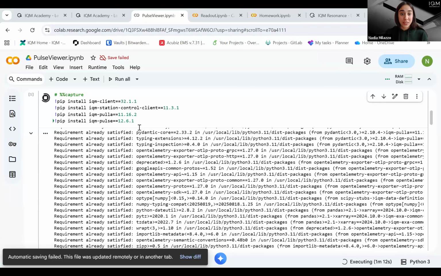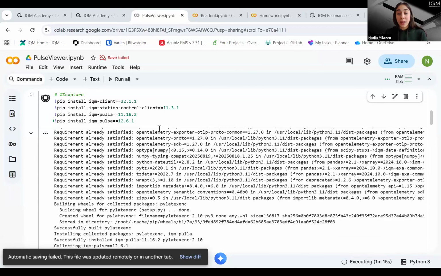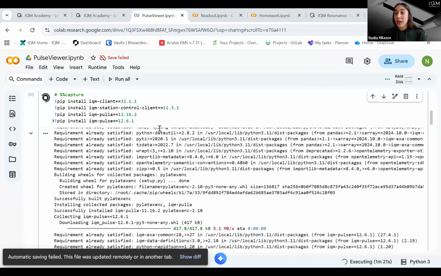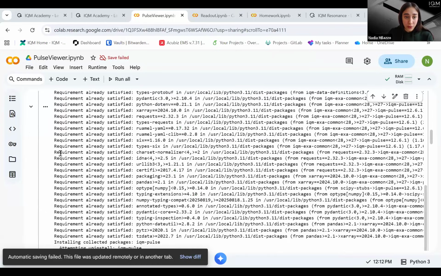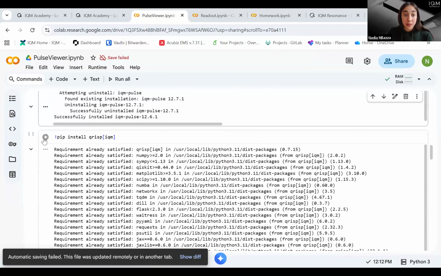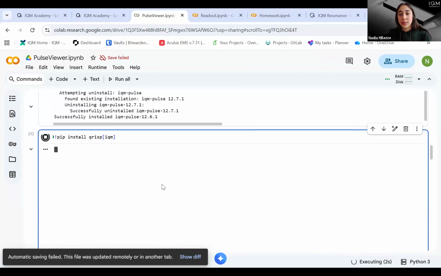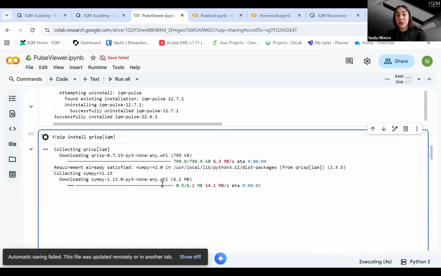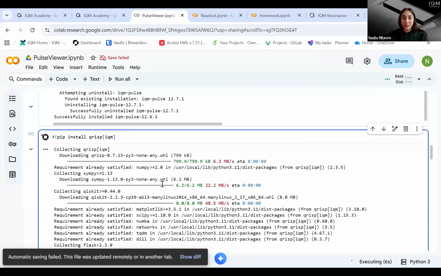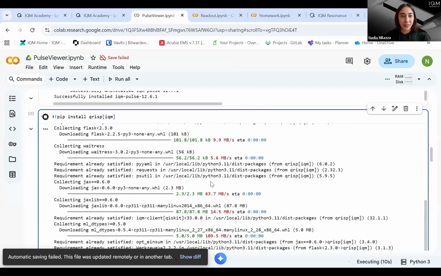Okay, we are almost at the end, but we will have to install also CRISP because we will construct our circuit as you did in the past days. So I think the interest of this exercise is really to see that something that you have already learned to do, that is this GHZ state preparation in CRISP, then actually gets compiled into pulses. So I think that is fun to see.